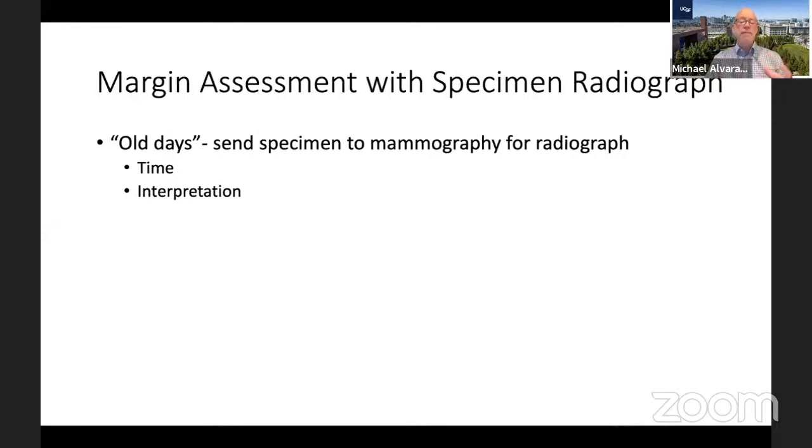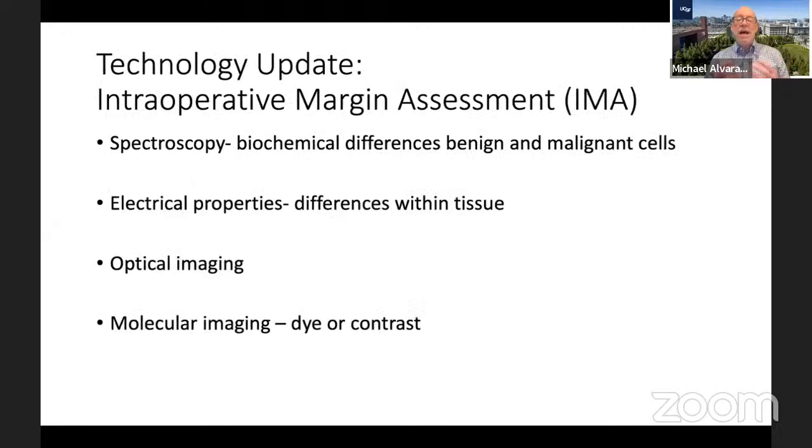Now, I will say, we as surgeons, when we go to meetings, spend a lot of time talking about margins. If I could think about what we talk about the most, it's margins and axillary surgery. It seems to come up all the time. What's the best margin? How much should we take out? How are we going to get negative margins?